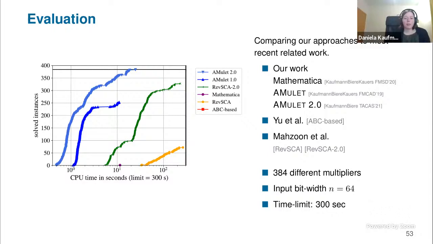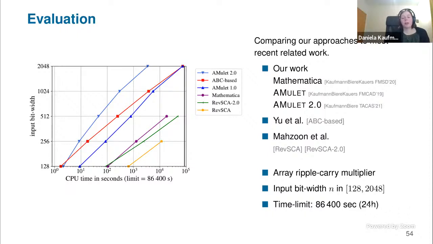In the second experiment, we take the simple multiplier architecture, the one with the array accumulator and the ripple carry adder on top, which I explained earlier, with different input widths between 128 and 2048. The time limit in this experiment is set to a day.